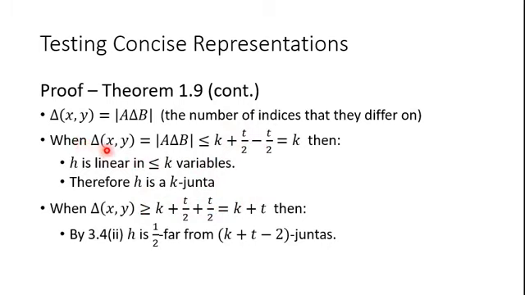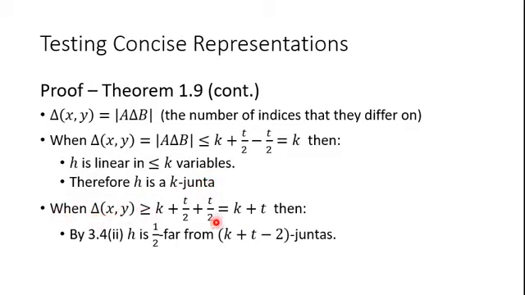In the case where the Hamming distance between x and y is less or equal to this value, which equals k, h is a parity function on at most k variables, and therefore it is a k-Junta. Now, what happens in the other case?